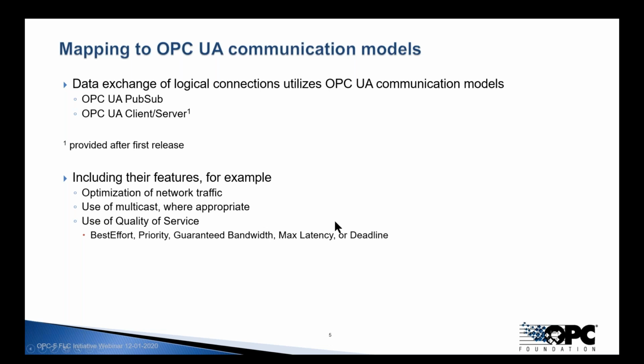Max latency and deadline will ensure that the frame is actually delivered in a specific amount of time, and deadline especially is usable, for example, for isochronous scenarios. So if you want to, for example, synchronize multiple drives to do something.